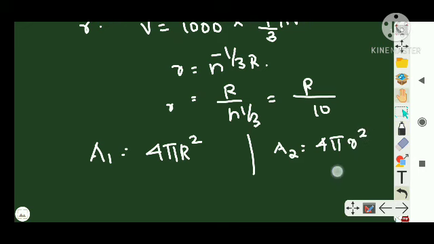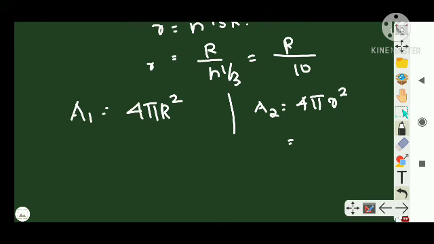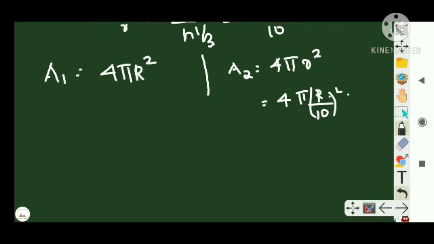In terms of capital R, it will be 4 pi R by 10 whole square, right? And there are n number of droplets, so I have to multiply by 1000. This will be 40 pi R square. That will be the area of the smaller droplets.